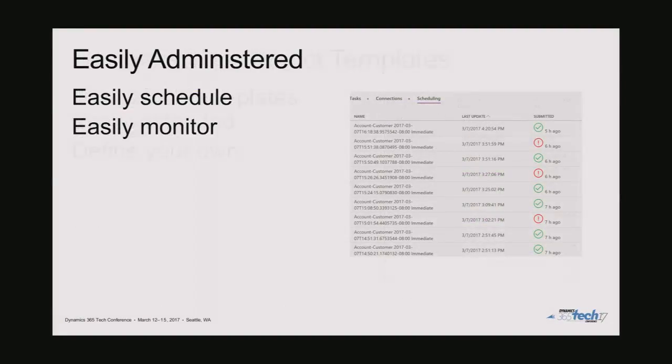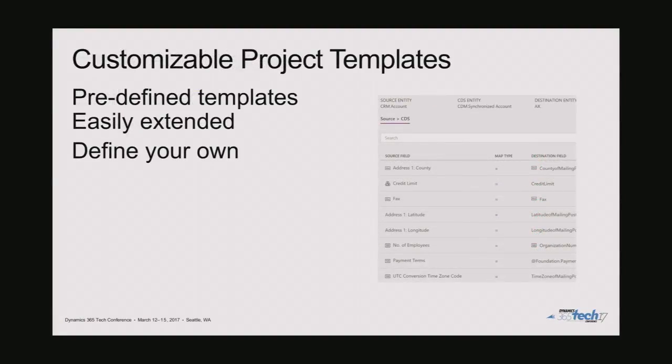Okay, so that's the easily administered part. This picture here, customizable project templates. This is about saying, I have a source system, say sales, I maybe need to do some transforms, and then they'll show up. It's washed out again, isn't it?